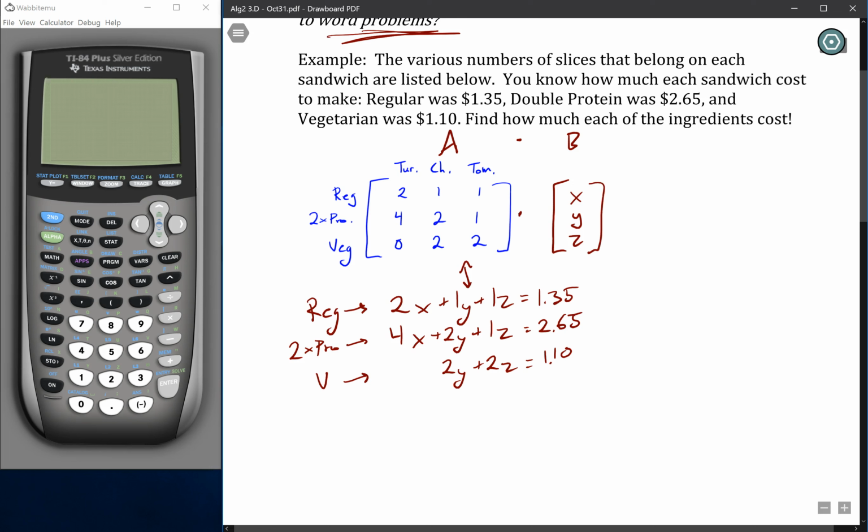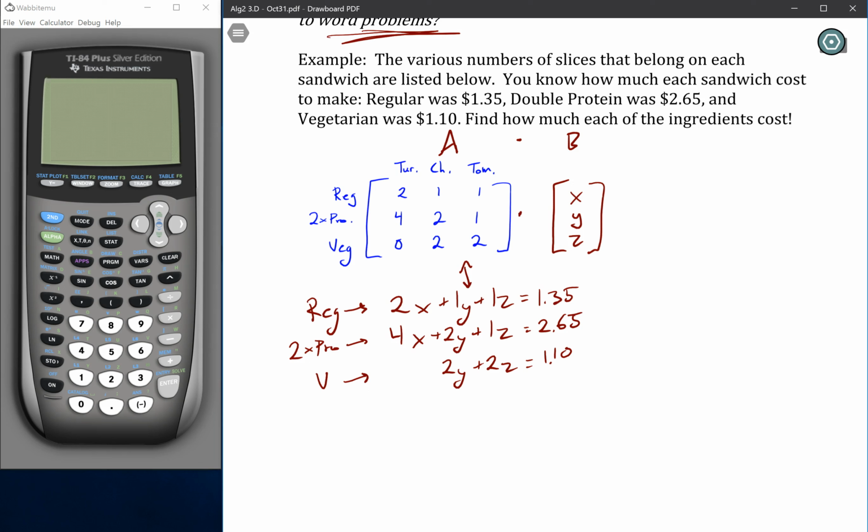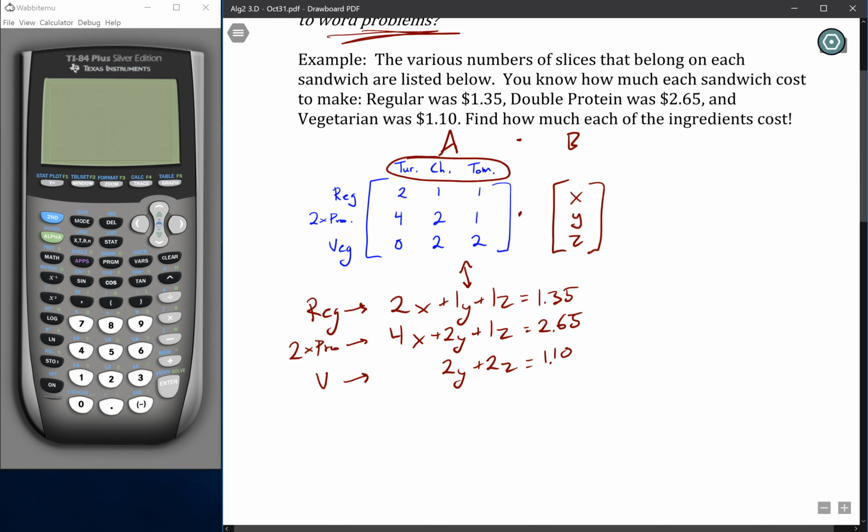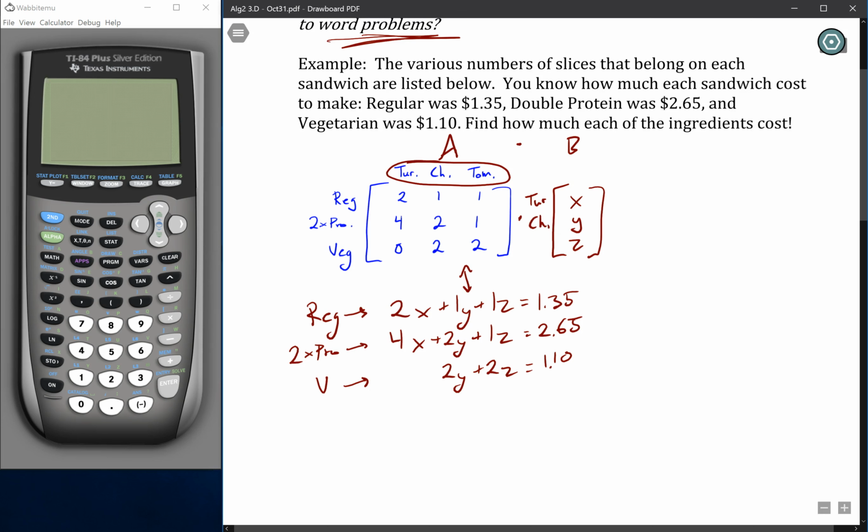And let's just throw labels on that because we want to make sure when we're doing matrix multiplication that our units match, right? Like these units have to match these units in order for the multiplication to work out right. Does it make sense here? Is X representing turkey? Is Y representing cheese? Is Z representing tomato?